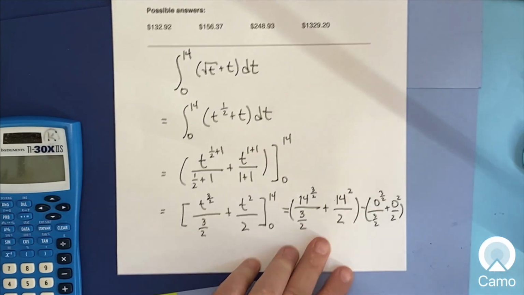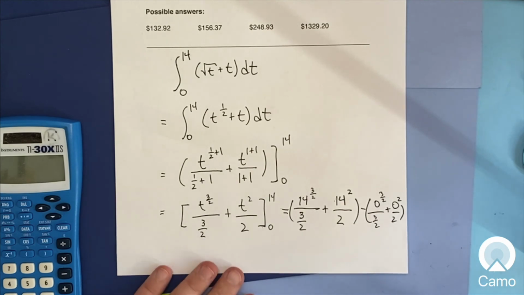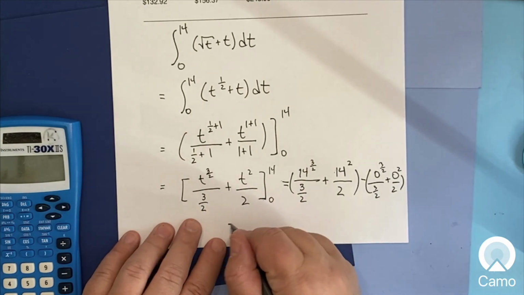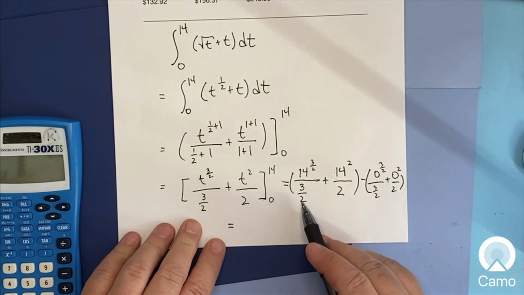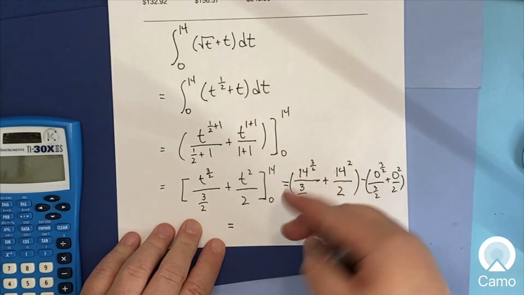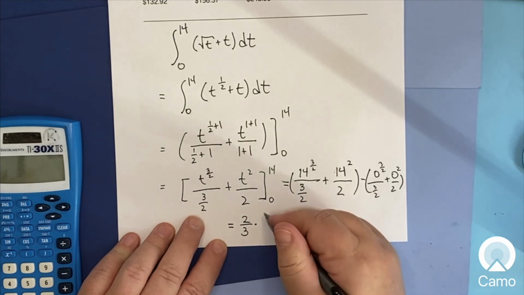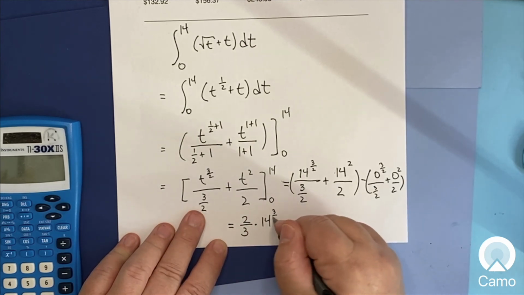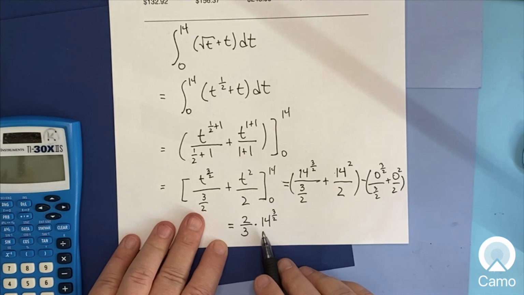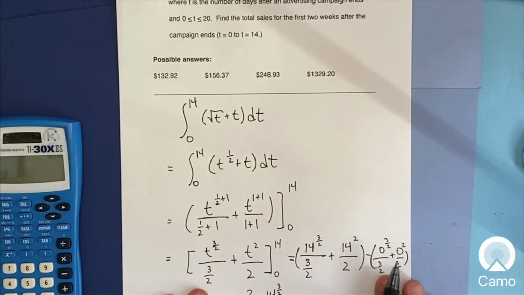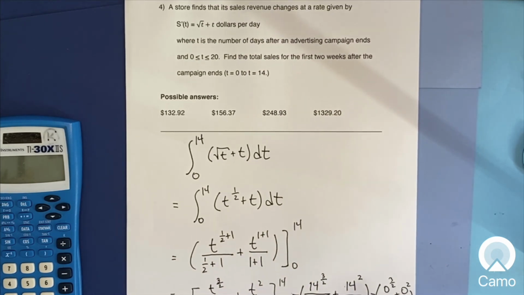This is just going to be 0. Remember, a 3 over 2 in the denominator flips upside down, so we get 2/3 times 14 to the 3/2.